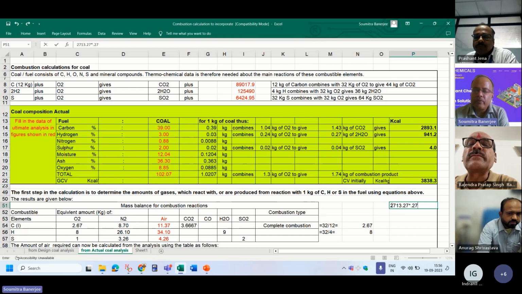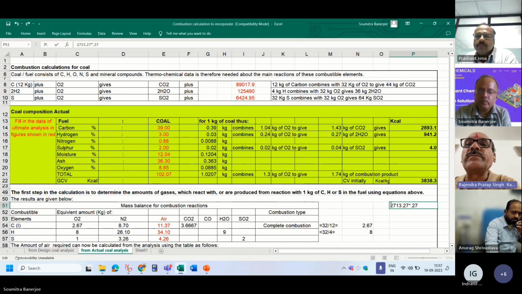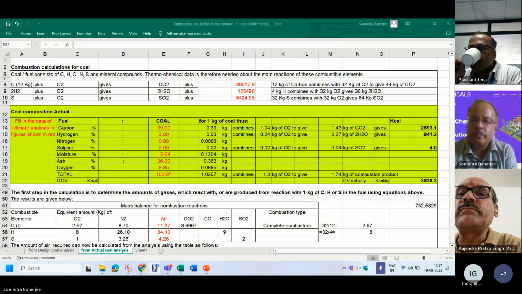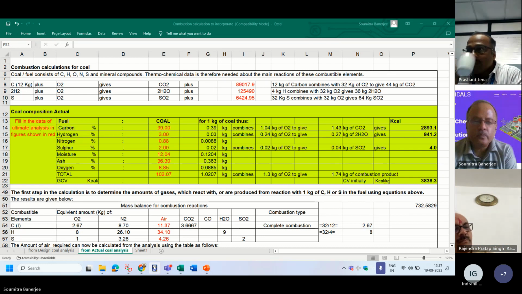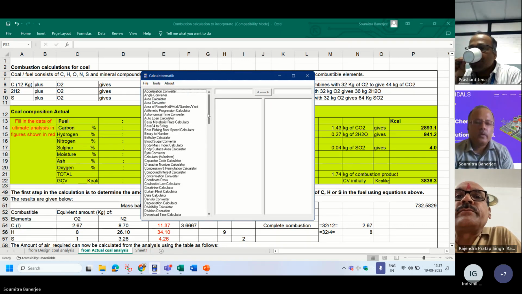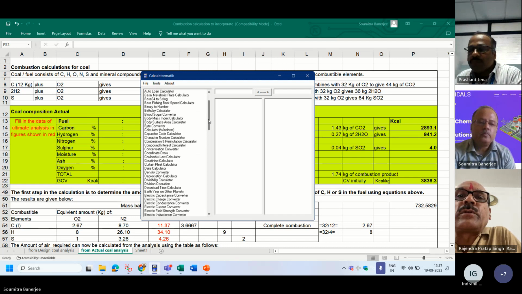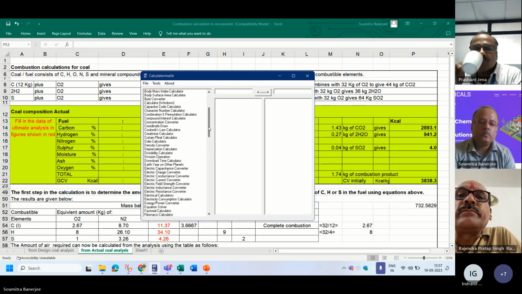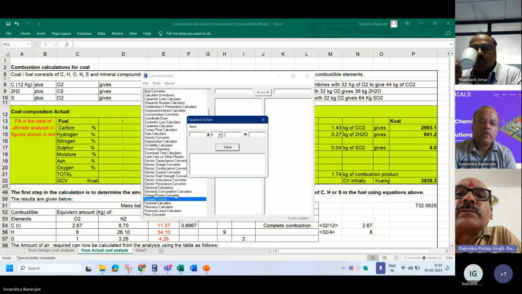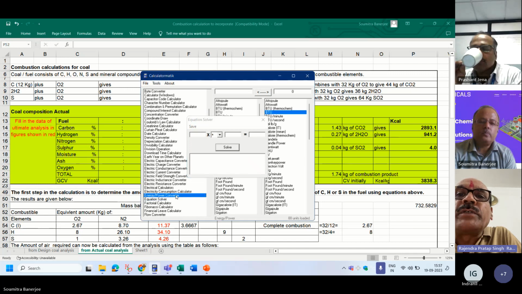Okay. Now you need to convert into kilocalories. 732 kilojoules, it is coming. 733, you say? Divided by 4 point what? Or you can directly see from there. Energy, na? Kilojoule to kilocalories. Energy power converter.